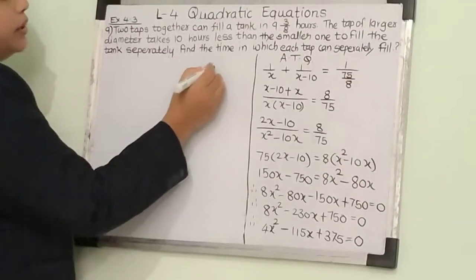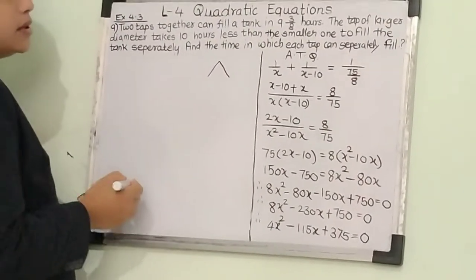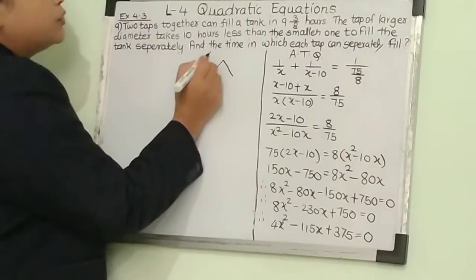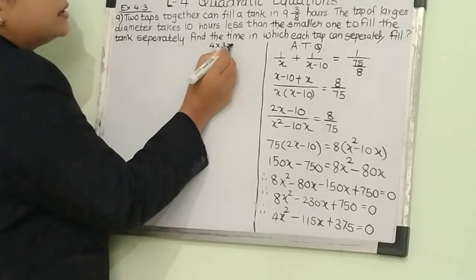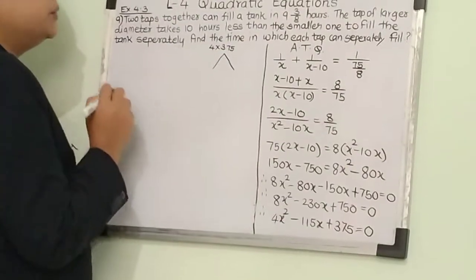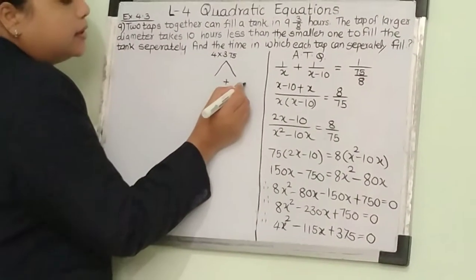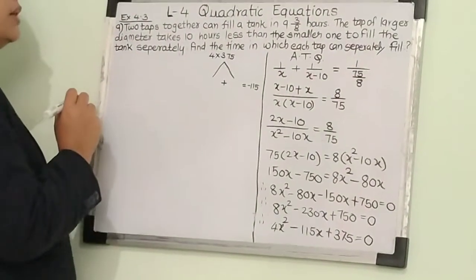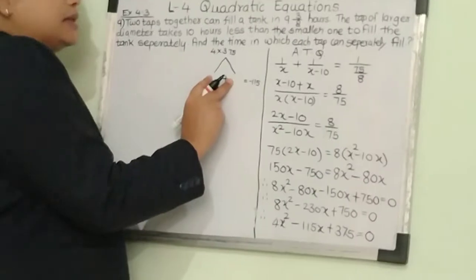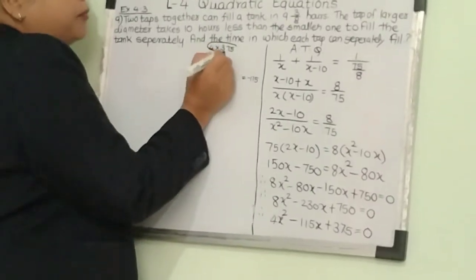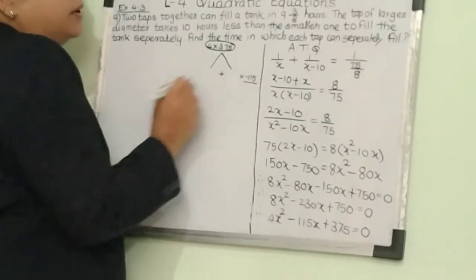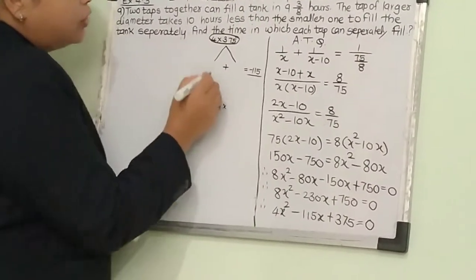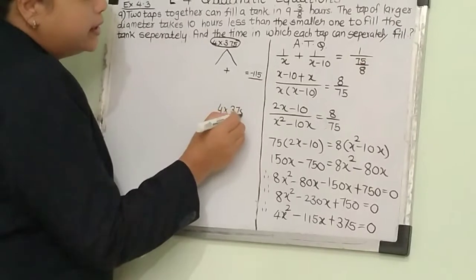For the factorization method we have to take the product of a and c. So 4 into 375 will be the product of two numbers and the sum will be minus 115. We have to find two numbers such that the product is this term and the sum is this term. First we find the factors of 4 into 375.